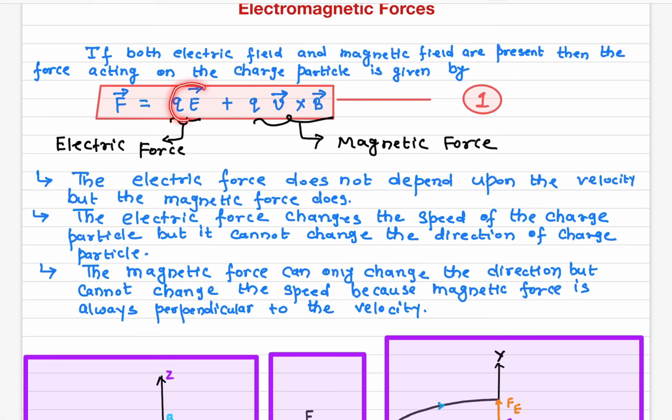The electric force does not depend upon the velocity, the magnitude of the velocity. But the magnetic force does depend upon the velocity. This electric force changes the speed of the particle.